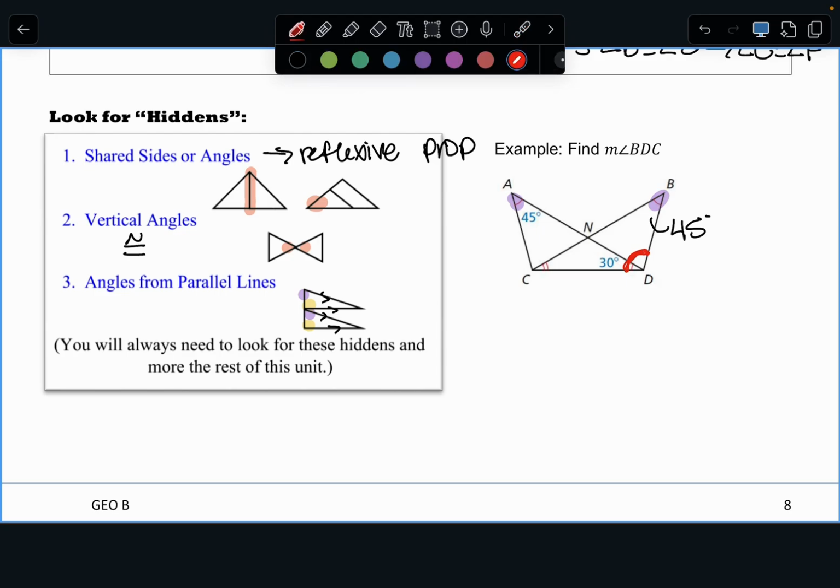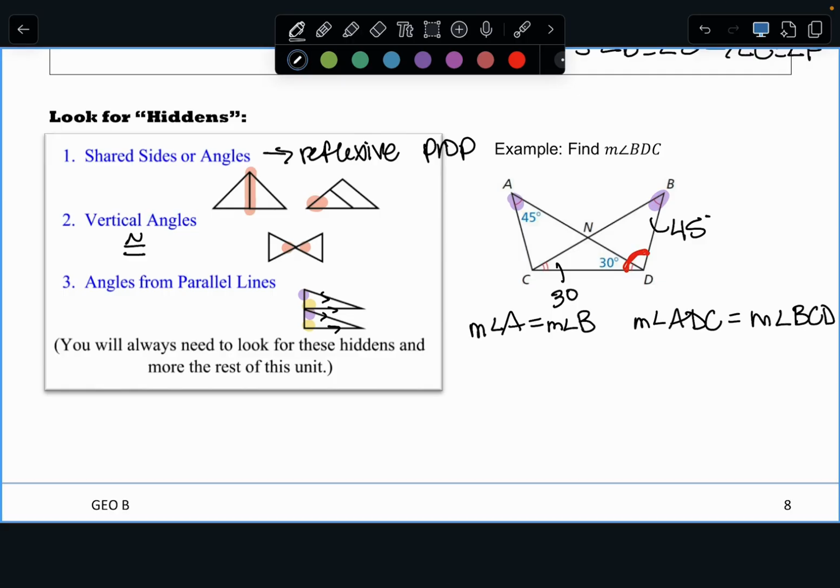Angle C. Yeah, this little angle C. I wouldn't really call that angle C because that could be 3 different angles, but for now, angle C. So what we just did is we said measure of angle A equals measure of angle B, and measure of angle ADC is equal to measure of angle BCD.